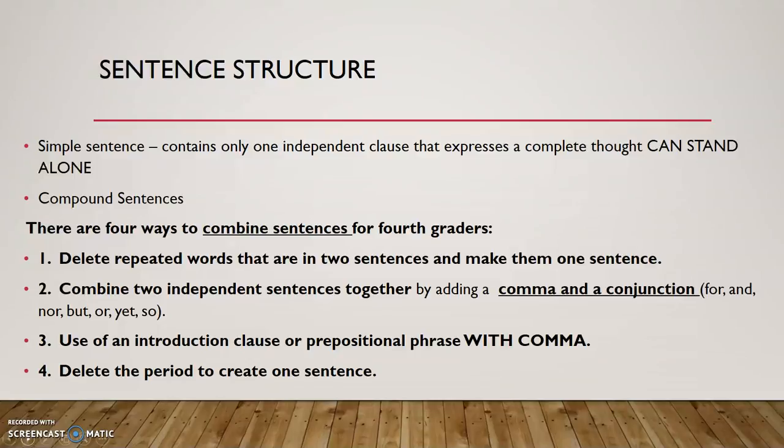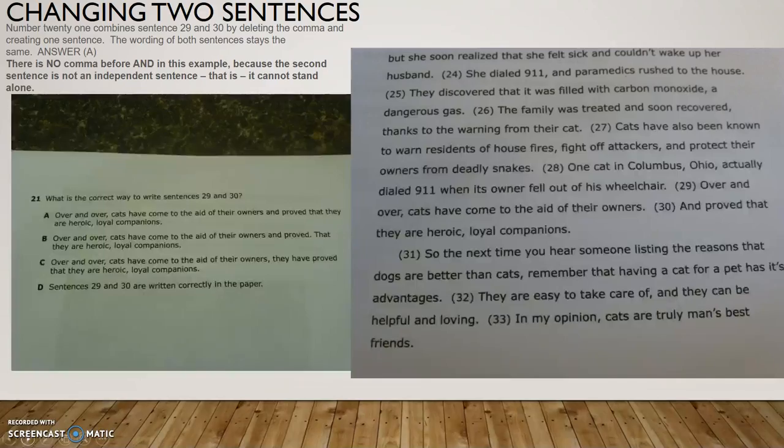So I want to look at some test questions that have been tested in the past so you can get a better idea of how these will look on your STAR assessment. Number 21 says, what is the correct way to write sentences 29 and 30? So I want to draw your attention to a couple of words in this question.